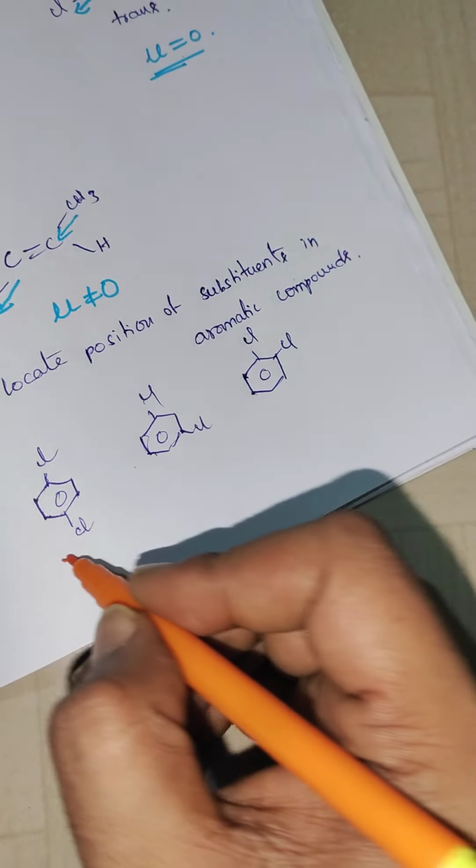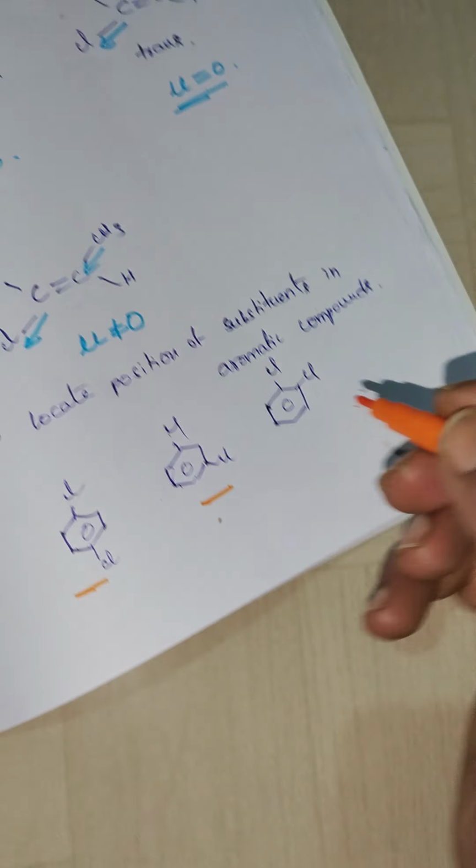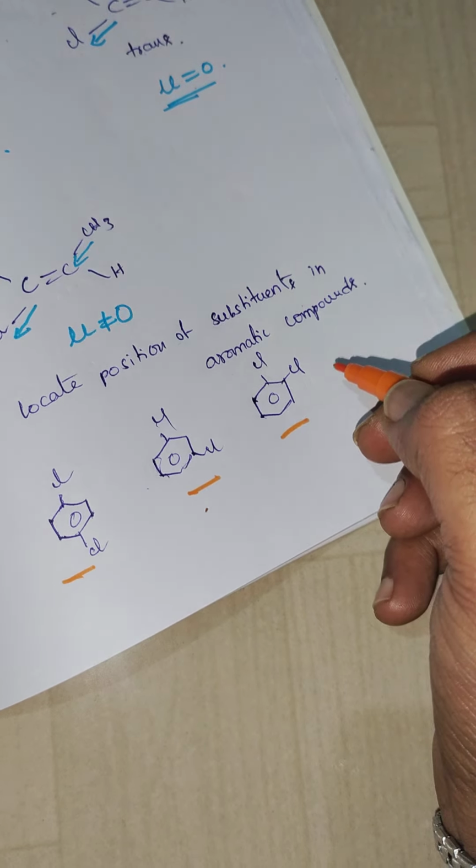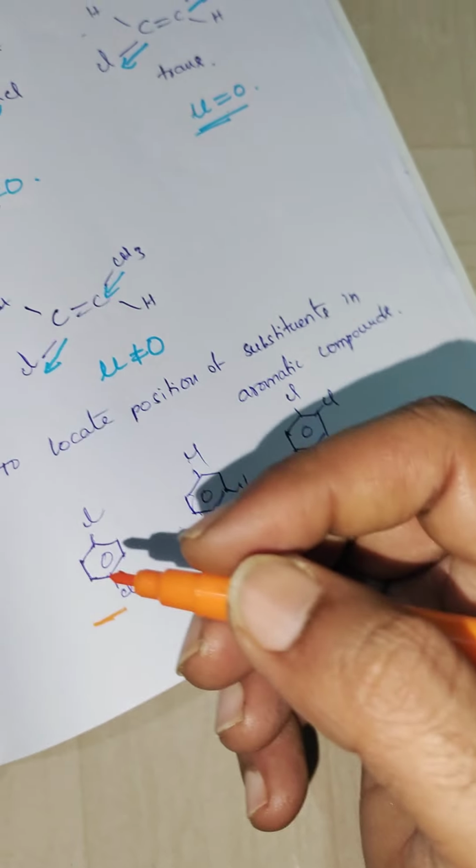This is para-dichlorobenzene, meta-dichlorobenzene, ortho-dichlorobenzene. Which one has more dipole moment and which one has less, I have to see here.